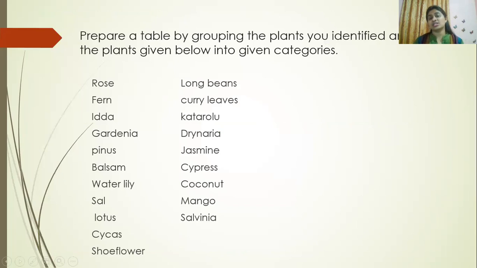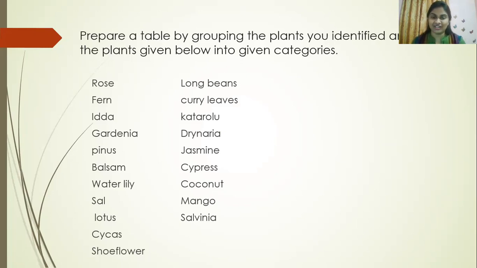Now I want to test whether you have acquired the knowledge properly, whether you have kept all these things in your mind. Now here's the list. Take a paper or keep a separate book to do the activities which I'm giving you during these sessions. So look at the screen and draw a table and divide them as flowering and non-flowering plants.